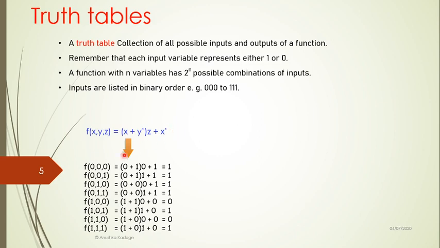So in this, if suppose for these three inputs, the first combination I am taking as 0, 0, 0, then by placing the values from this input combination in this expression, we are going to get the output variable as 1. In the same way, I will take the next combination of input, calculate the value of this function by using this expression, and get the output variable calculated.